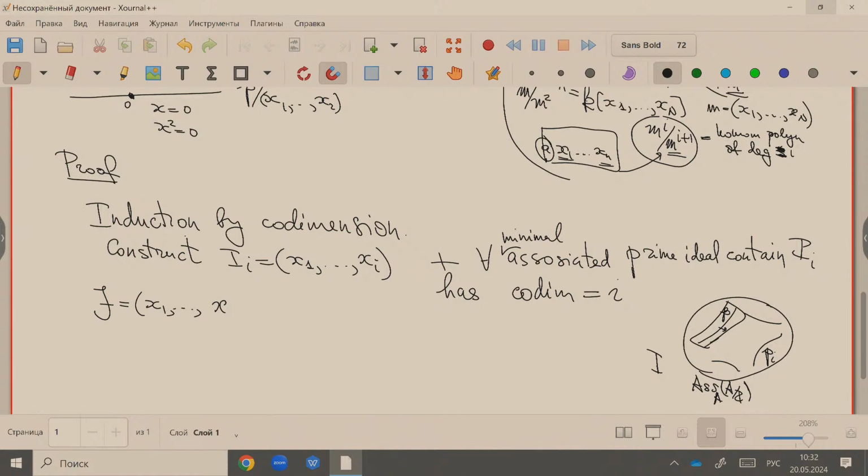Suppose we already constructed this sequence at some point i. We want to get a new element. So let us denote P_j.